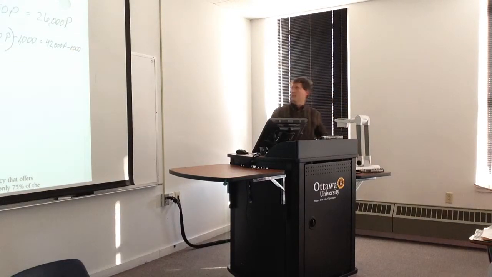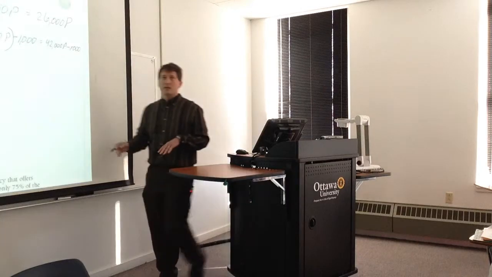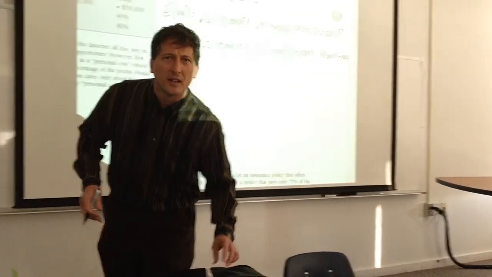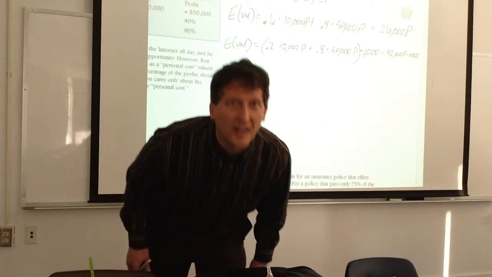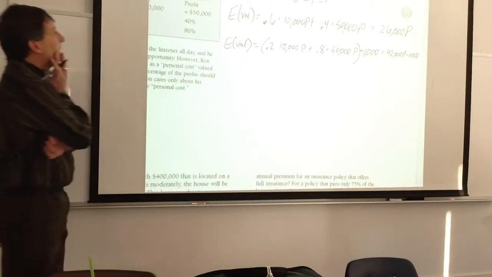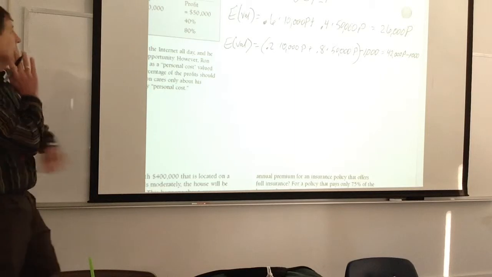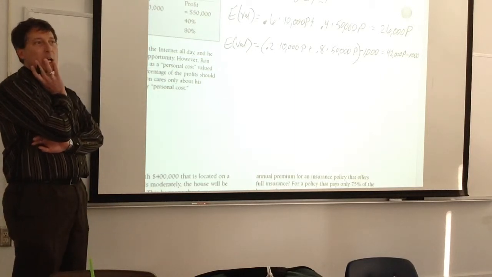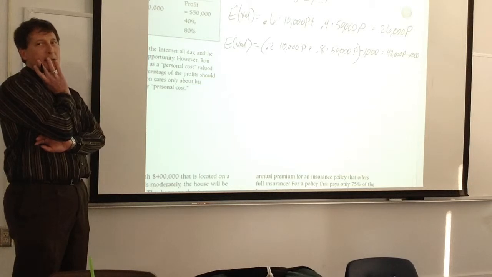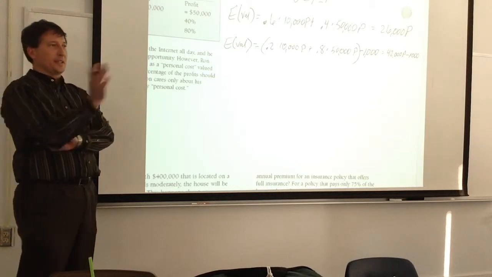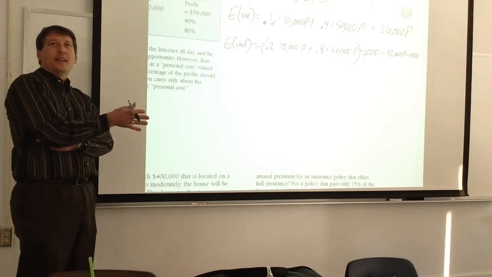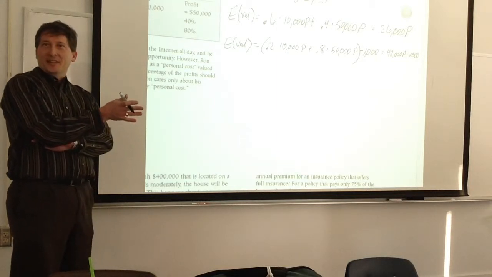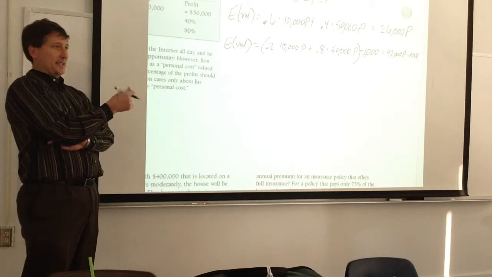Okay, so it's important to get the two states of the world straight for starters. So the question asks, what is the optimal fraction? So I want to make sure we're all 100% on the economic intuition and not just mathematically inclined to set the two equations and solve for P. So what is P exactly in this case?